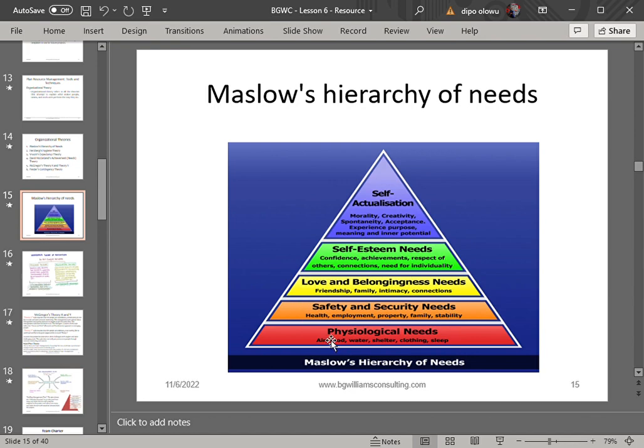You're no longer worried about physiological food or shelter because you already have them. You're no longer worried about secure job or property or health because you already have them. You're no longer worried about friendship or relationship because you already have them. But now, self-esteem, you're now worried more about your reputation, the respect you are to get from others.